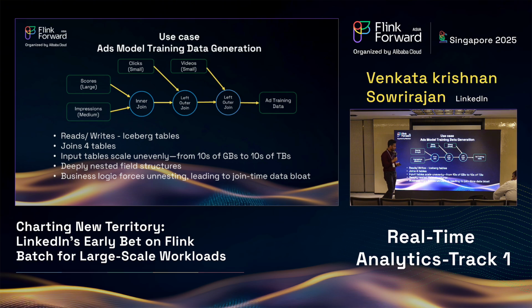And finally, the business logic requires understanding the nested collections, which led to data explosion in the intermediate vertices. Let's see the interesting challenges one by one, and talk more about how we solve them.